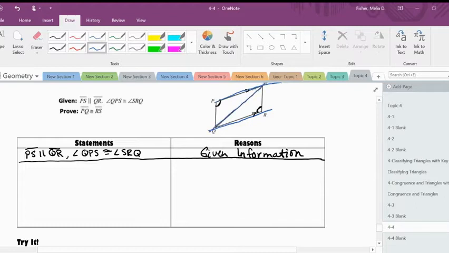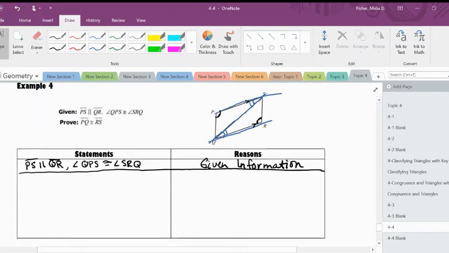We can see that this angle and this angle are congruent because of alternate interior angles. So we can state that angle PSQ is congruent to angle RQS. And that is because they are alternate interior angles.